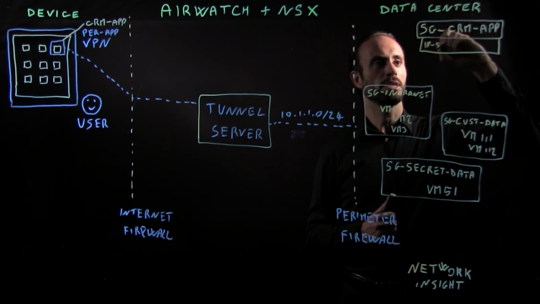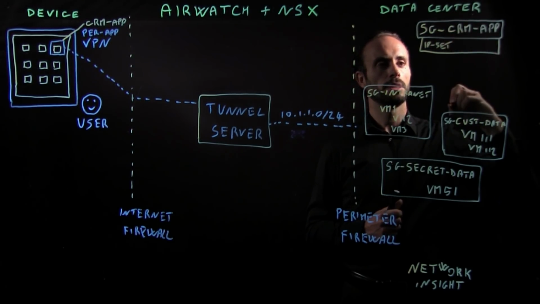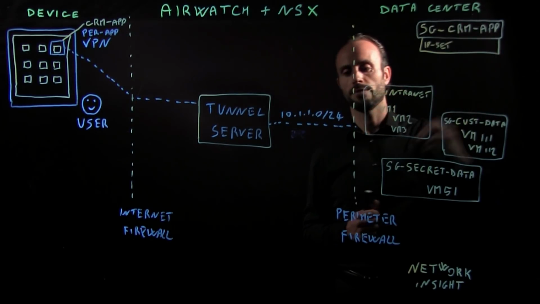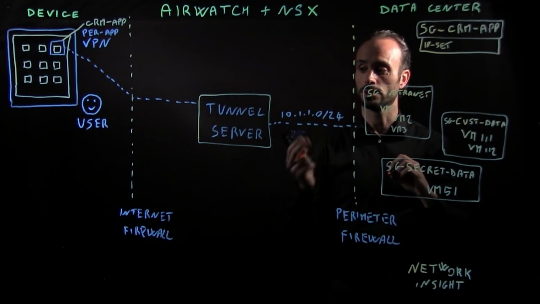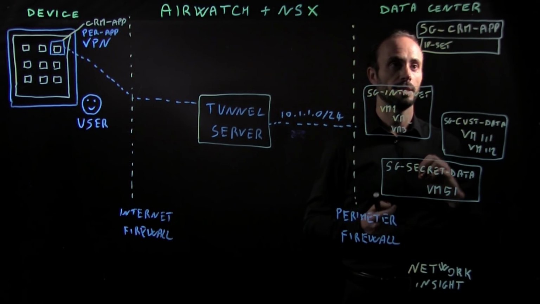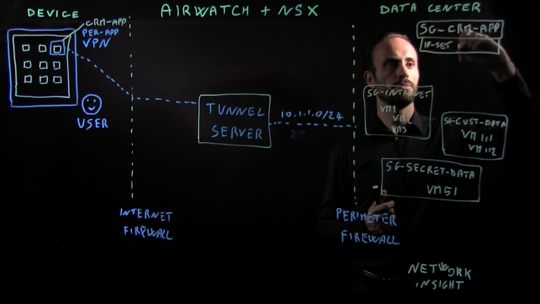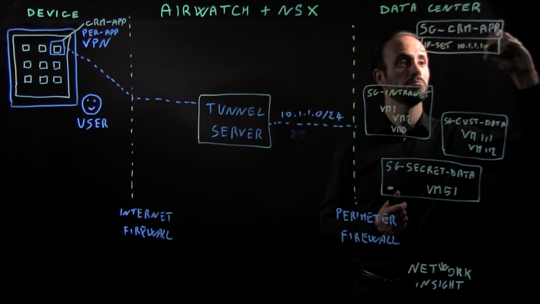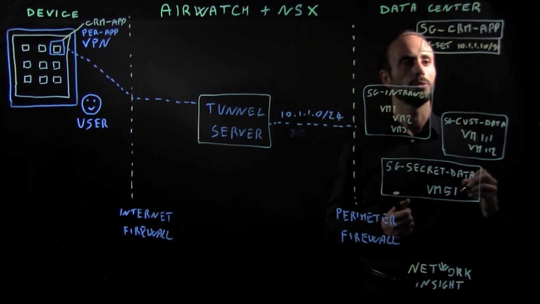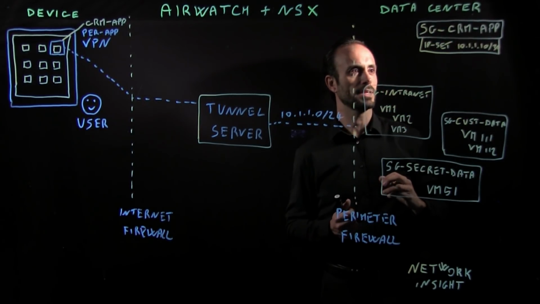In NSX, we call an IP range an IP set. In this case, the IP set will have to belong to the subnet over which the tunnel server communicates with the data center. We can, for example, use 10.1.1.10/30, so we'll have some addresses available.